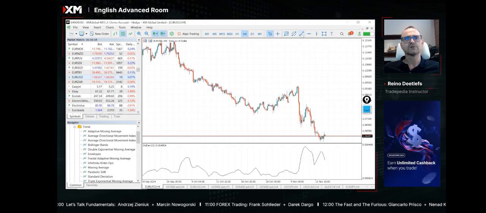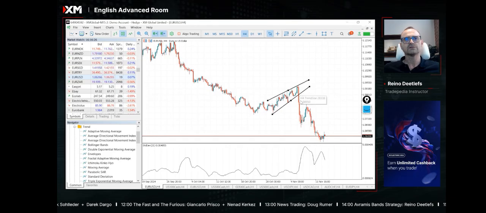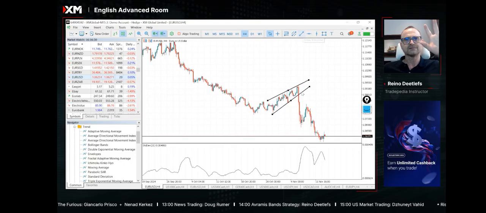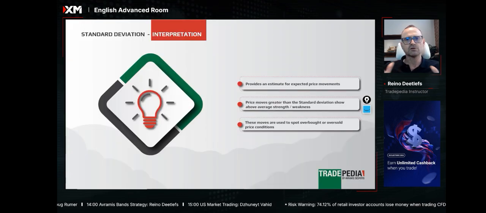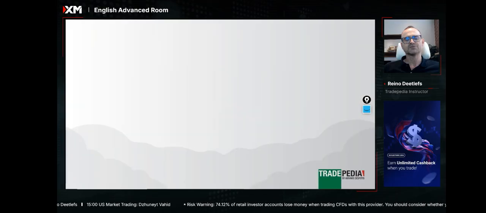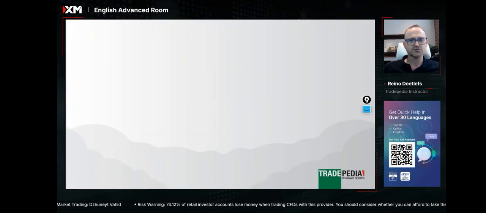Here we had a beautiful little consolidation area, almost like a wedge. As it broke out, you saw increased volatility, and this was just giving you confirmation as well. So standard deviation, most commonly used tool, is a wonderful way of measuring the relative risk of an instrument.